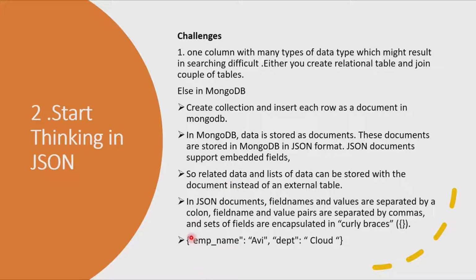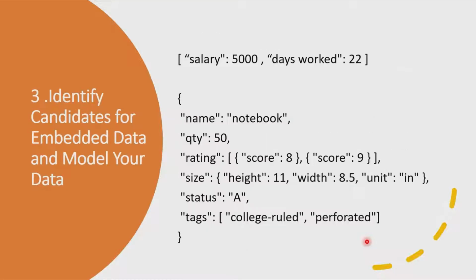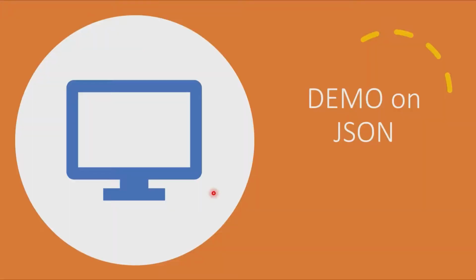We use the curly brackets, then we put the key value pair like this. This is again a format which is possible. You have square brackets where you can put in the array, which is not possible in normal RDBMS columns where a strict schema is defined.